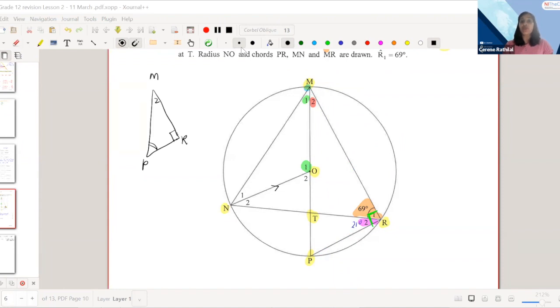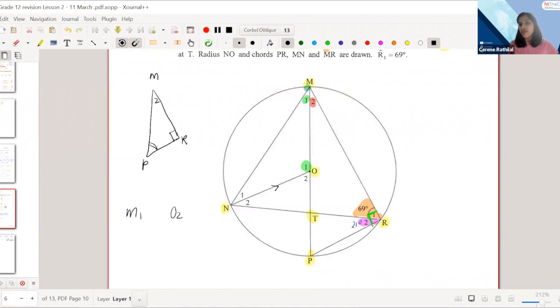So what we need to observe here again, utilizing a trick from earlier, is observe that M1, which we had just determined, is related to O2. Do you see that M1 is related somehow to O2, angle O2?